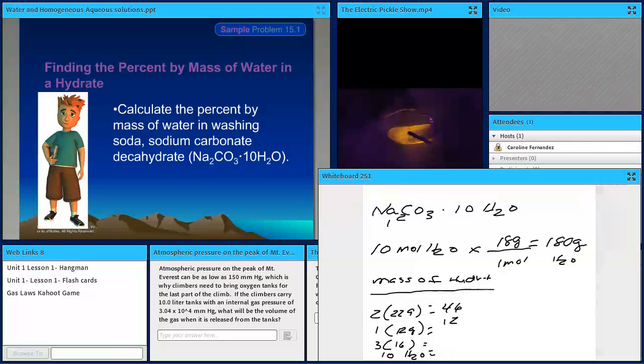So 22.9 is about 23, and 23 times 2 is 46. 12 times 1 is 12. 16 times 3 is 48. And of course, we have our 180 grams of water. So now we add that together: 46 plus 12 plus 48 plus 180 gives us a total of 288 grams.